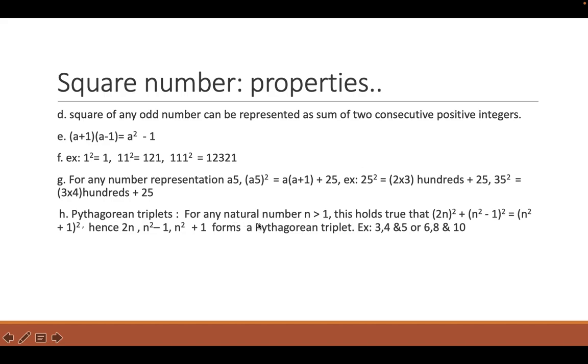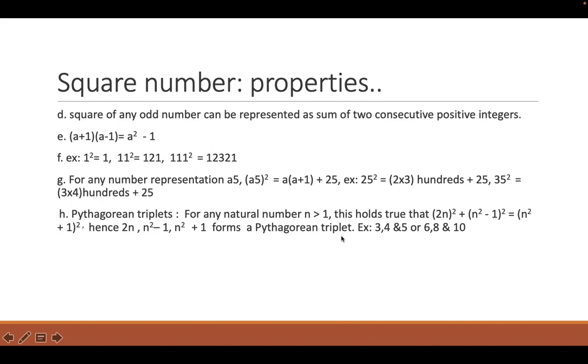For any natural number n greater than 1, this holds true that (2n) square plus (n square minus 1) whole square equals (n square plus 1) whole square. Hence, 2n, n square minus 1 and n square plus 1 form a Pythagorean triplet.